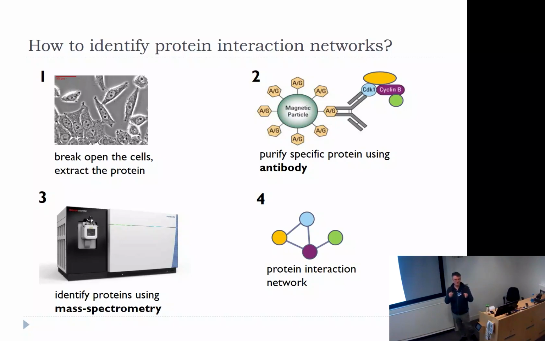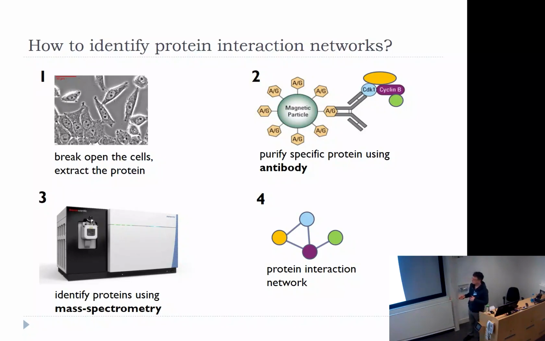And here's the important point. When we fish out a single protein, we often fish out the proteins that are physically associated with that protein. Okay, so when we fish out an individual protein using an antibody, we fish out its interaction partners as well. And that's in essence how we build these interaction networks.